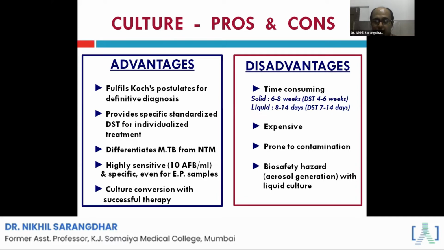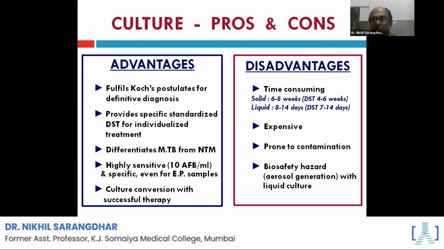That is to say, you have a clear association between the disease and the organism. It provides specific standardized drug susceptibility testing, rendering individualized treatment possible. It differentiates Mycobacterium tuberculosis from other mycobacteria. Cultures are highly sensitive and specific even for extrapulmonary samples. And culture conversion occurs with successful therapy, so it can be used as a monitoring tool.